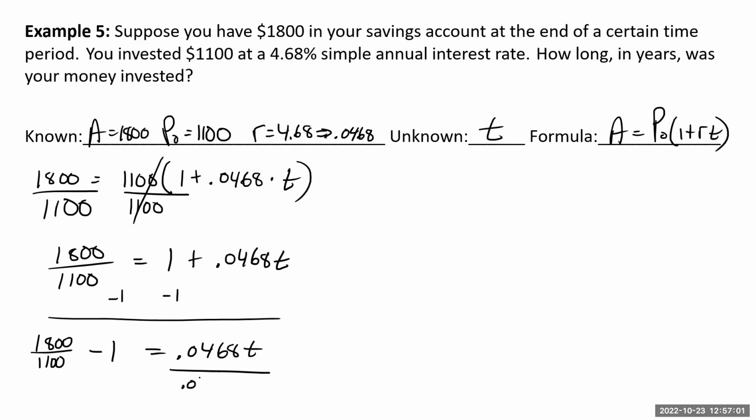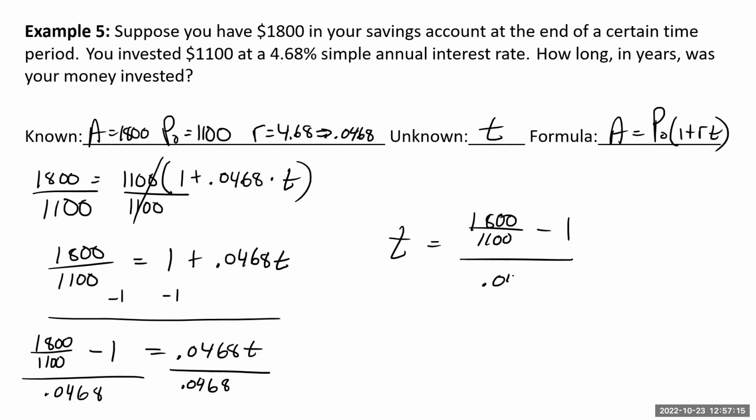Then we divide out the number in front of the t to get t by itself. We haven't touched our calculator yet. So t equals 1800 over 1100 minus 1, all divided by 0.0468. This is what we want to enter into our calculator so we get the most accurate answer.